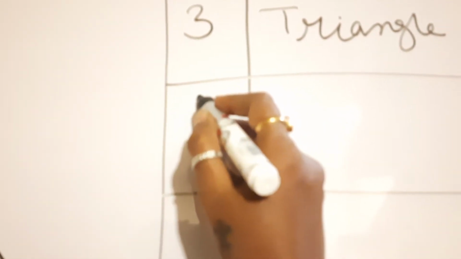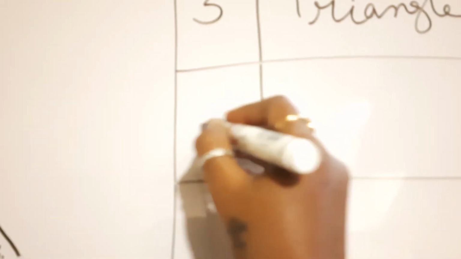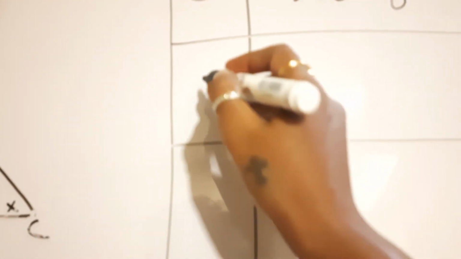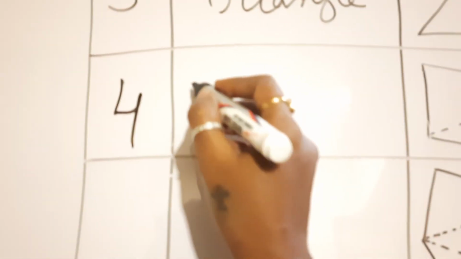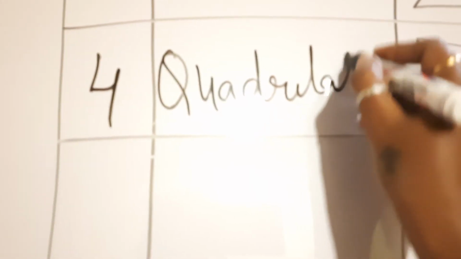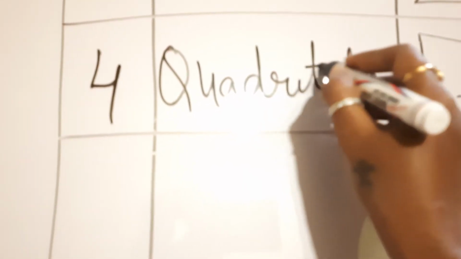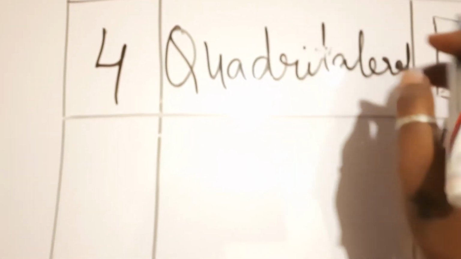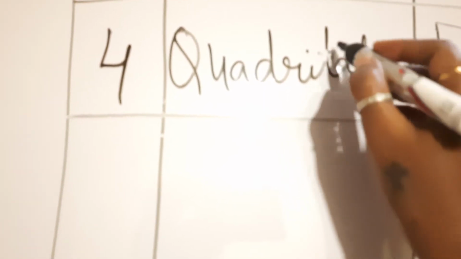So it's a quadrilateral which has 4 sides. Let us first write down the number of sides: 4. And the name is quadrilateral.